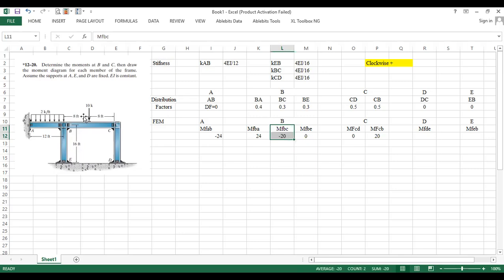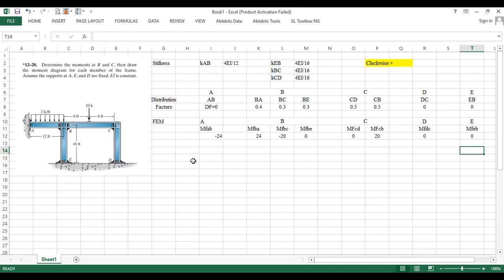MFBC is this, MFCB is this, right? CD is this one, and BE is this one, it is 0. DC is again 0, this part. EB is again 0, right? So you can start the table now.